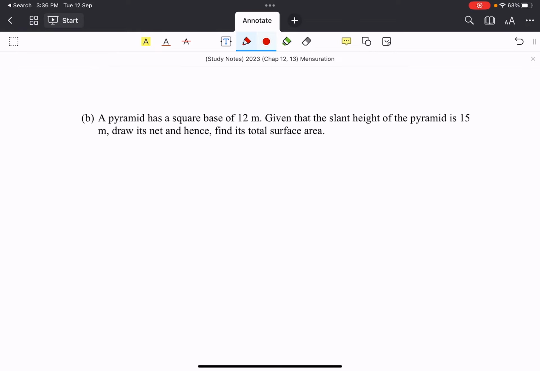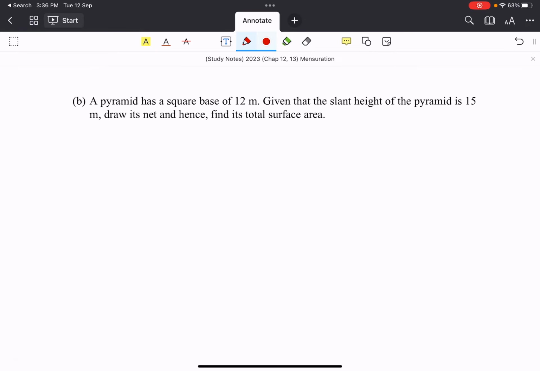Part B, we have a much smaller pyramid. Don't worry. It has a square base of 12 meters, and we are told that the slant height is 15 meters. Draw its net and hence find the total surface area. So how does the net look? We have a square and triangles at the sides.